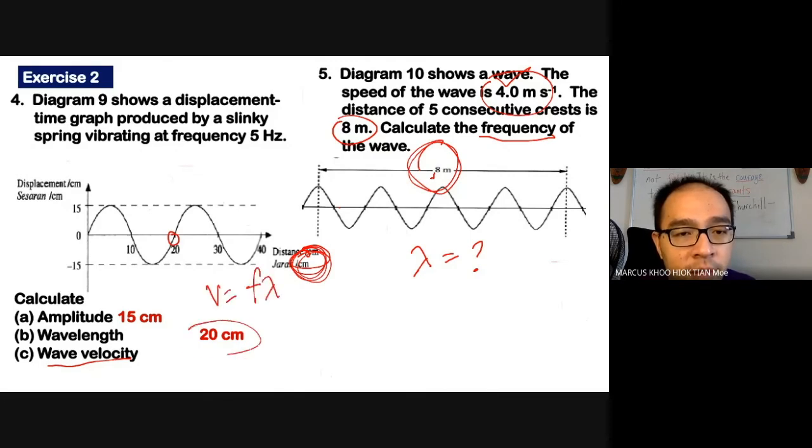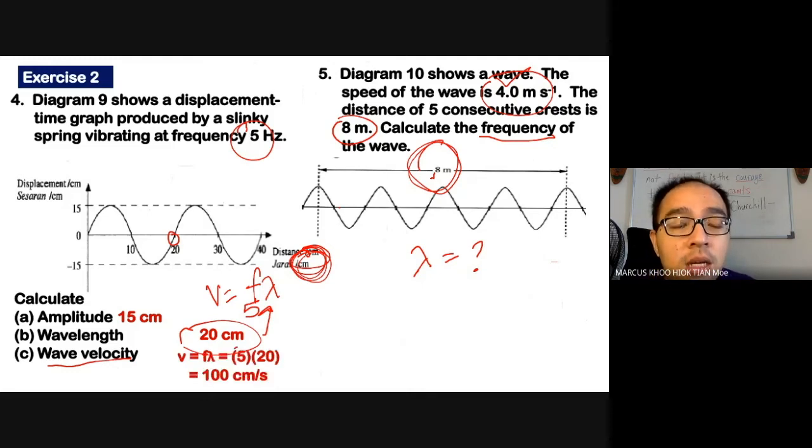You already have lambda over here. All you have to do is to find the frequency, which is 5. So it's a very simple multiplication. V equals to F lambda. 5 times 20, you get 100. And because you're using cm, you will have to write it in cm per second.